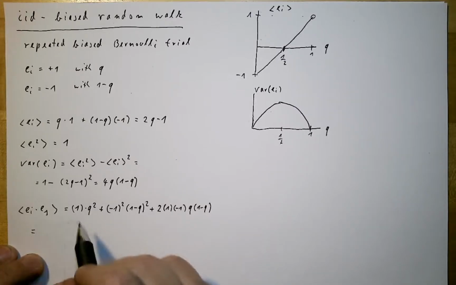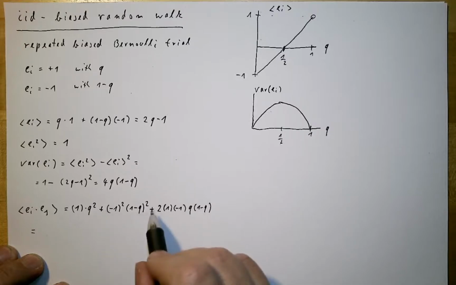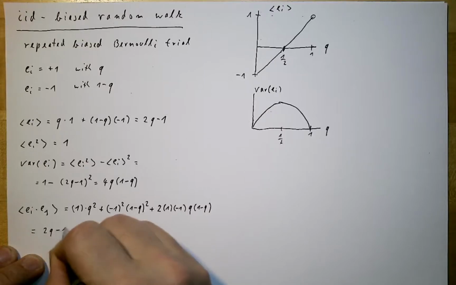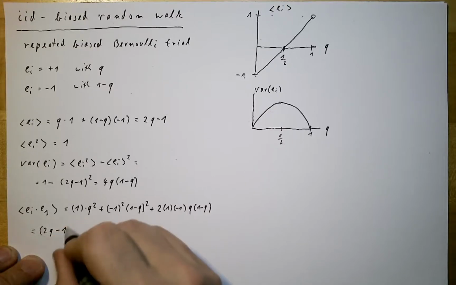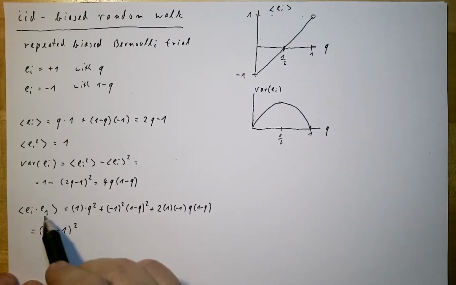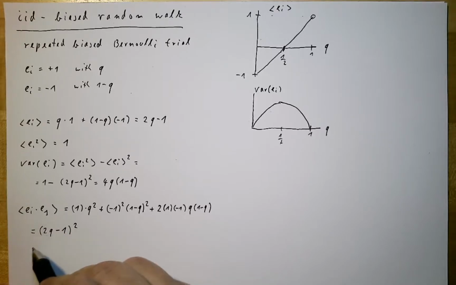When you work this out and calculate the sum, you see that it's (2q minus 1) squared, and that's this expectation. But what was the covariance?